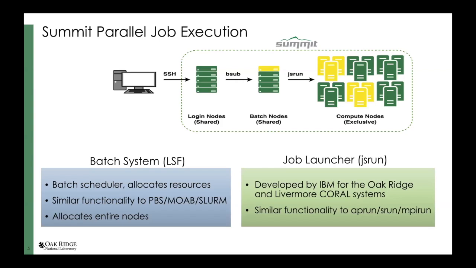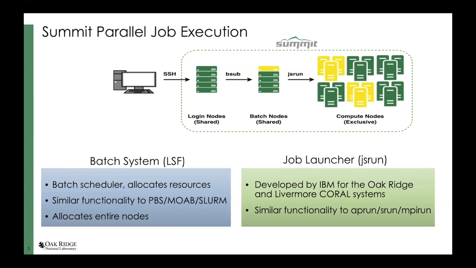The next piece that I want to focus on in this talk is the job launcher. So the job launcher is how you get from the batch node to your compute resources. On Summit, we use JS_run. JS_run is similar in functionality to app_run that we used on the Cray machines, to Slurm's srun, and to OpenMPI's MPI_run.